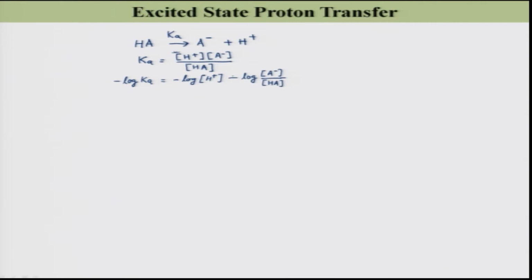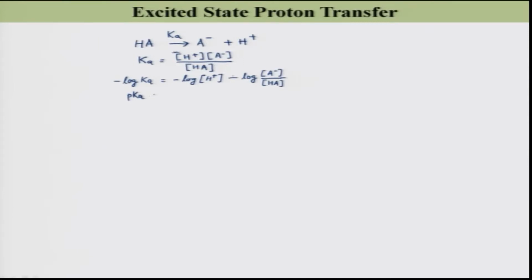Note that the concentration of A minus and the concentration of HA are at equilibrium, not the original concentrations. So this is nothing but pKa equal to pH minus log of the concentration of A minus divided by the concentration of HA.